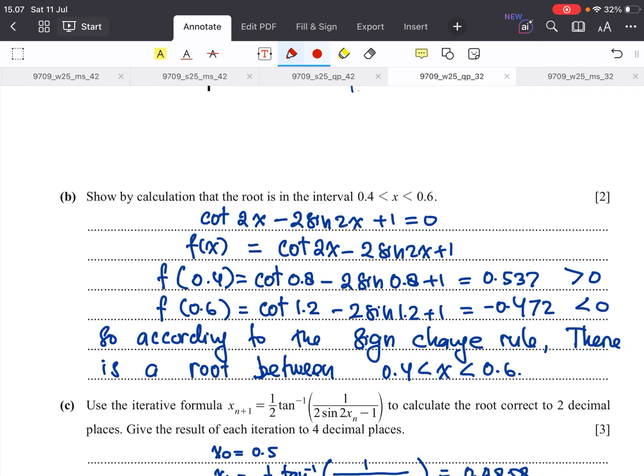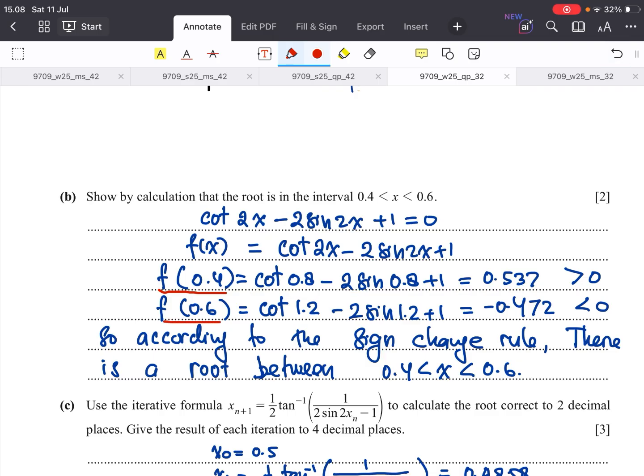And then we check the sign when we replace x with 0.4 and when we replace the x with 0.6 and check whether there is a sign change or not. So when x equals 0.4, cot 0.8 minus 2 sine 0.8 plus 1 is 0.537, which is positive.